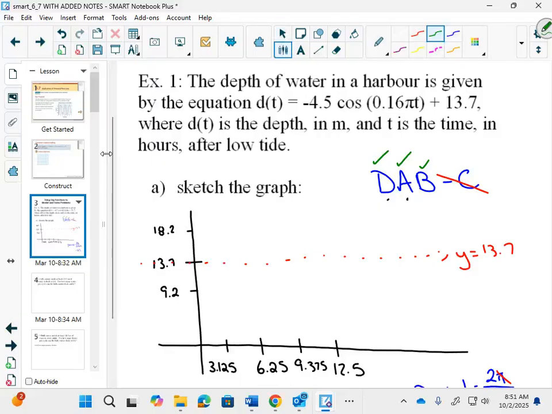This is a negative cos graph. Cos graphs normally start at a maximum. A negative cos graph would have a vertical reflection and start at the minimum. And then you can go minimum, center line, maximum, center line, minimum.